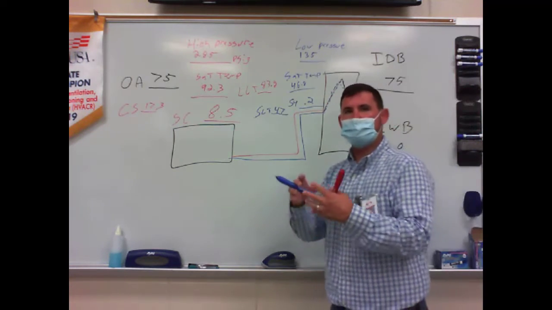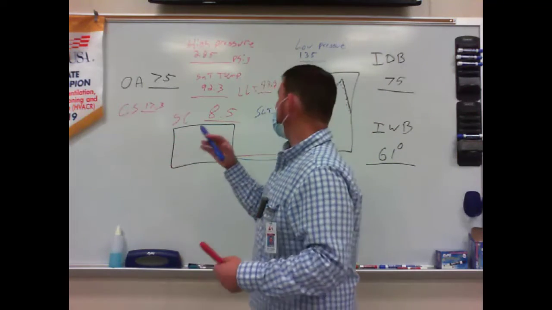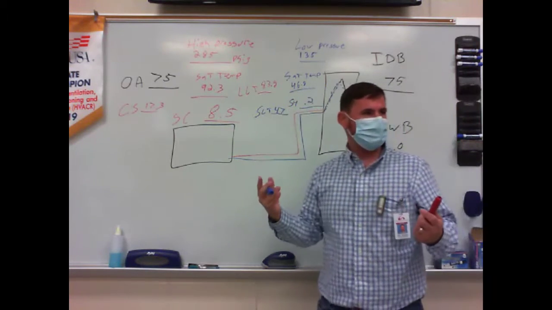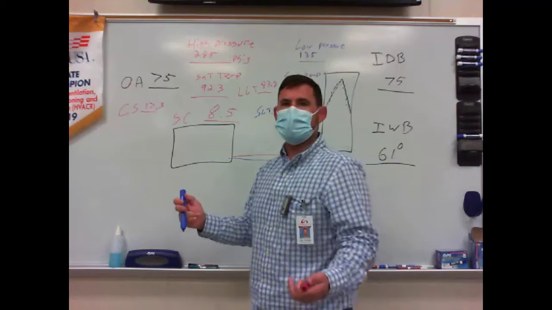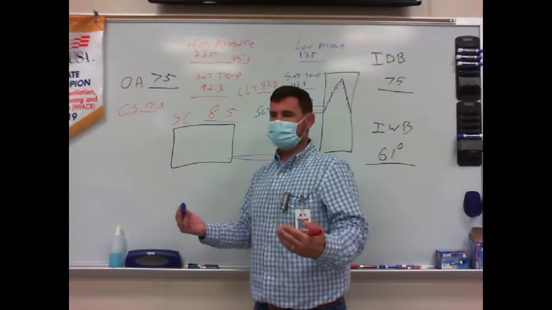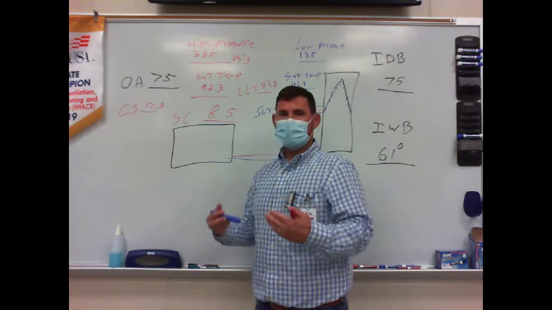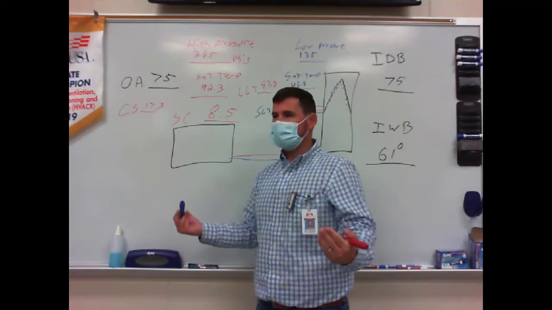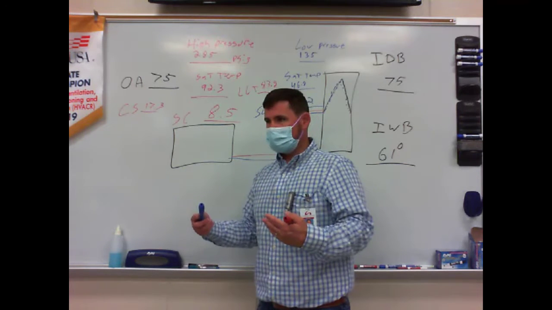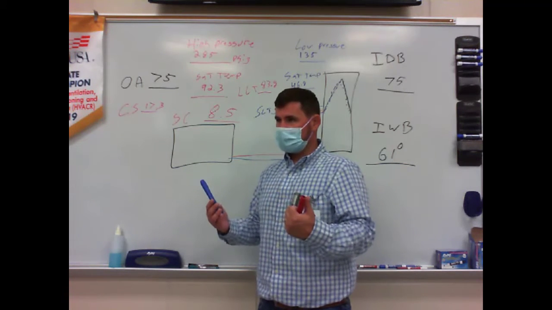As long as I have liquid turning into a vapor, I'm going to stay at that saturation temperature. It's like my boiling water. If I continue to add heat to my water, once it starts boiling, it doesn't get above 212 degrees, right? Until I've boiled it all into a vapor. Once it becomes a vapor and I continue to add heat to it, now its temperature starts going up again.